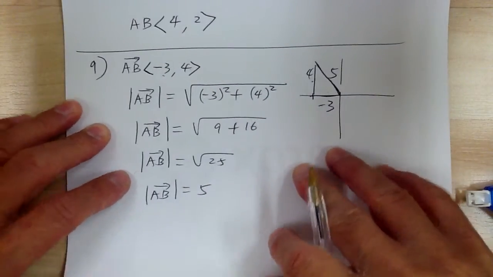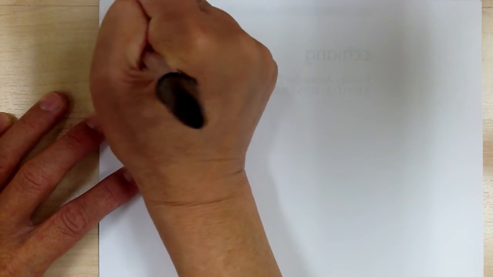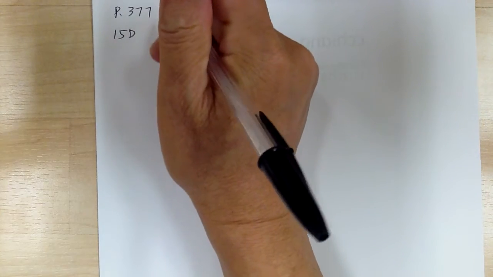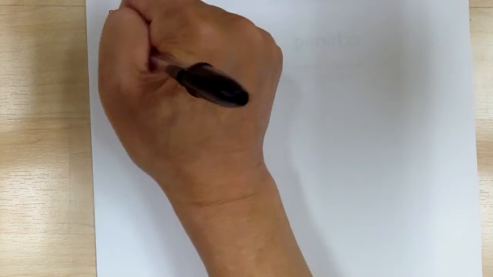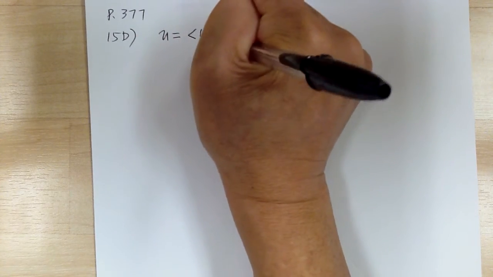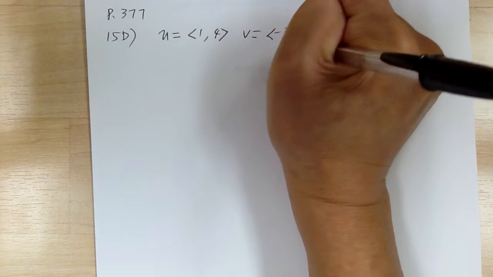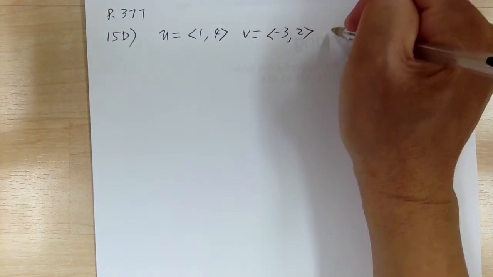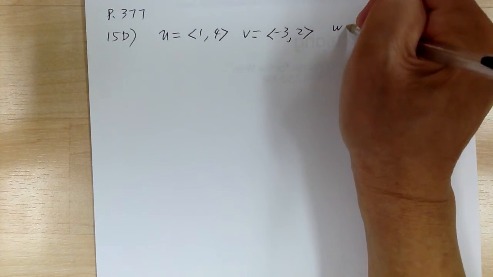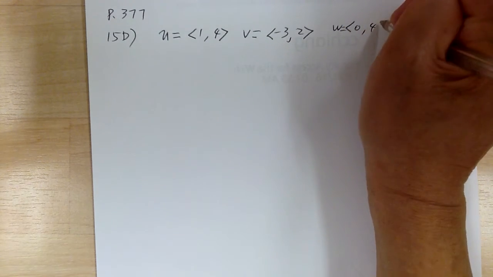Okay, let's go to number 15D. You have vector U equal to (1, 4), vector V equal to (-3, 2), and vector W equal to (0, 4).